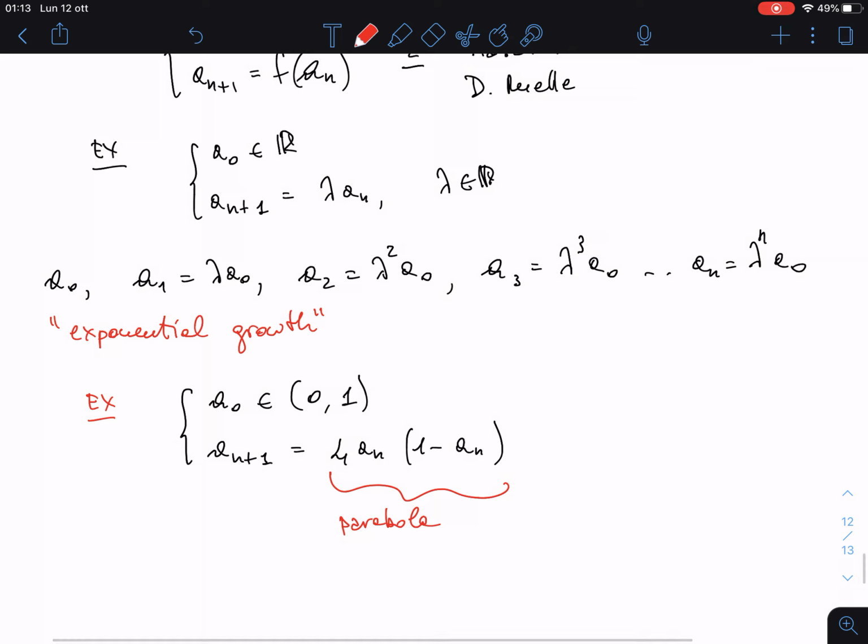But the big surprise is that this sequence is highly chaotic, so highly unpredictable. I don't want to tell you anything about chaos. I will give you an exercise where there is something chaotic to be handled, but without knowing that it is chaotic.